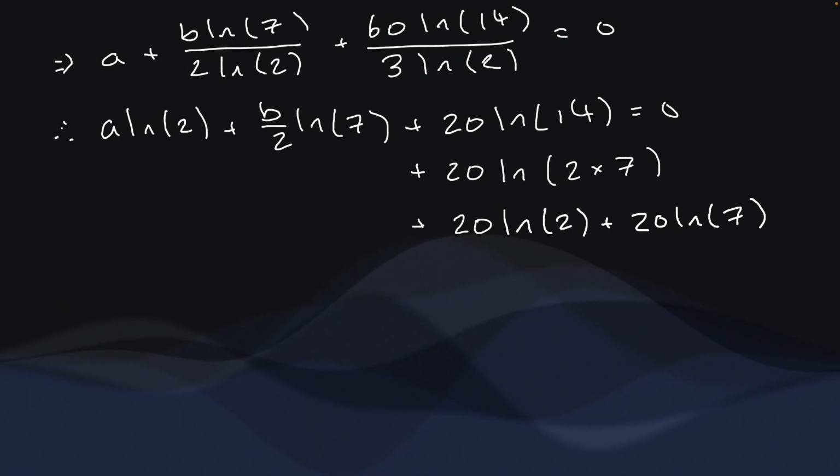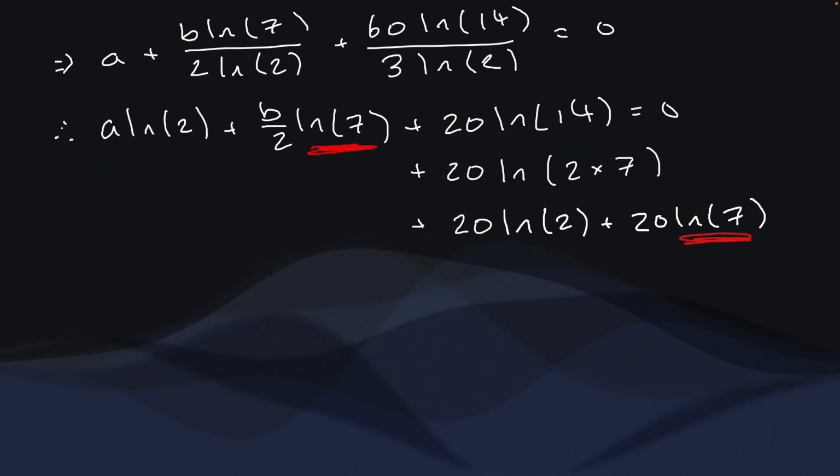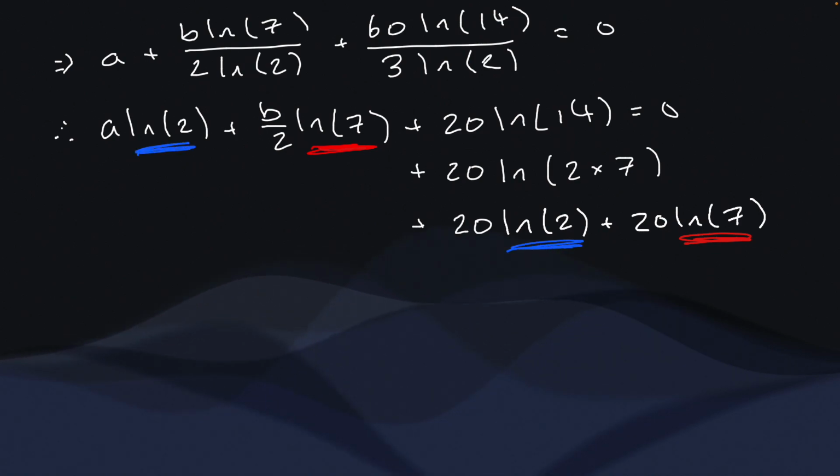And also it means that we can now equate coefficients, because we have ln 7 there and ln 7 there, and then we have a ln 2 here and a ln 2 here.